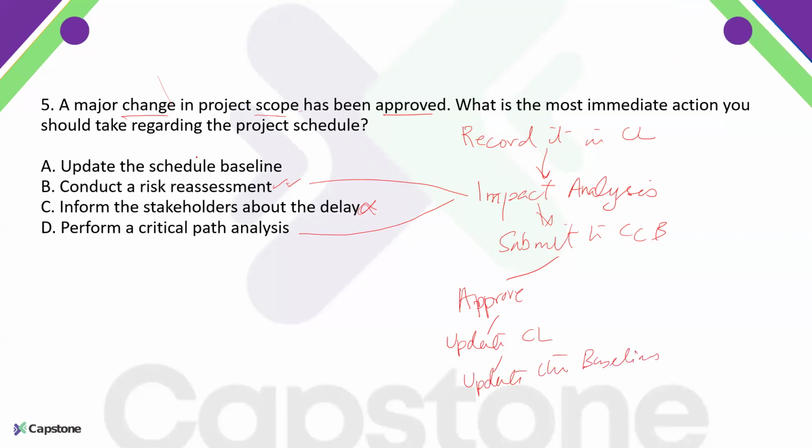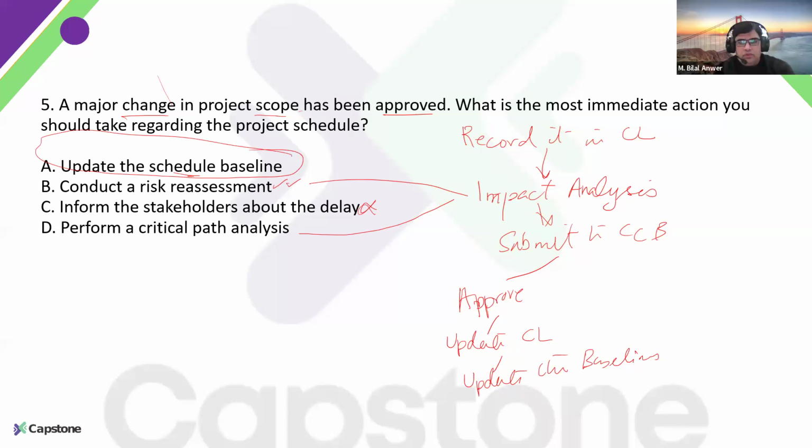In this case, since the schedule baseline is mentioned, this is the right answer. But what is the most immediate action? This is the immediate action. The others were done as part of impact analysis, B and D. We are at this stage now. This is where we are.